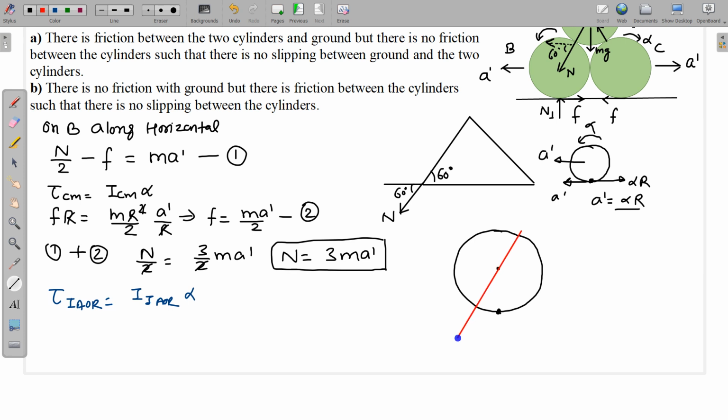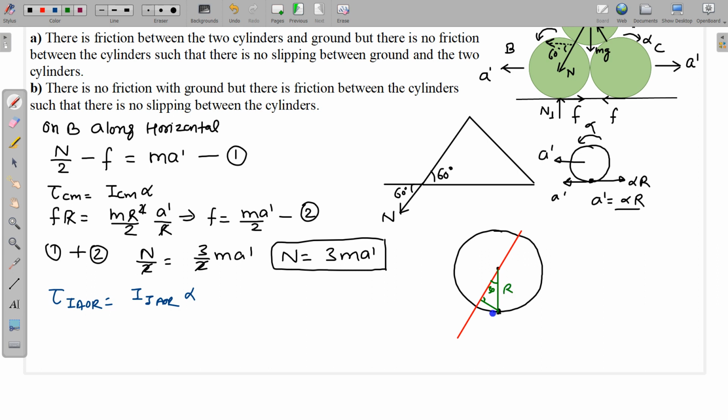This is the line of action of the normal reaction, and we can drop a perpendicular from here. So dropping the perpendicular, we have to find this perpendicular distance to find the torque due to this normal reaction. And what is this perpendicular distance? Just join these two. Normal is making an angle 60 degree with the horizontal, and from this vertical it will make an angle 30 degree. So this angle is 30 degree.